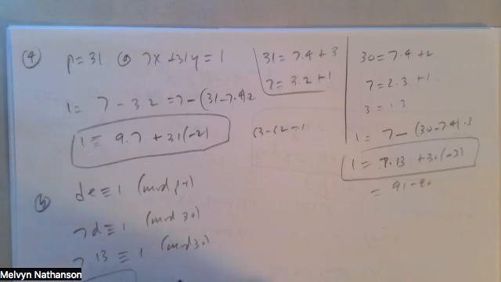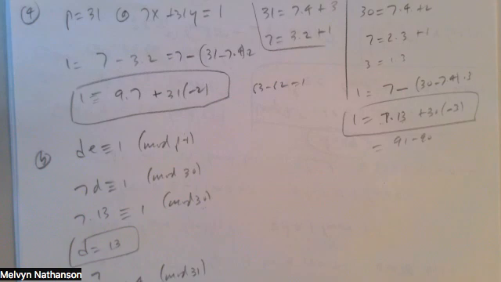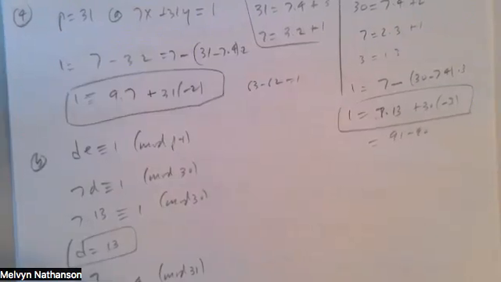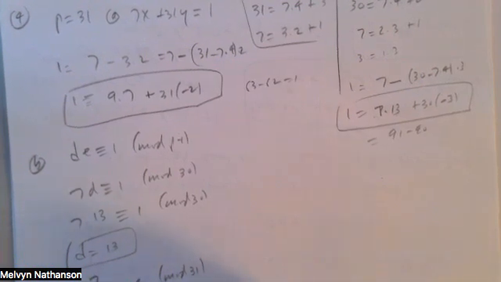And we want to solve in part C, x to the 7 congruent to 24 mod 31. So we know that if x is any number not congruent to 0 mod 31, then x to the p minus 1, x to the 30, is congruent to 1 mod 31.